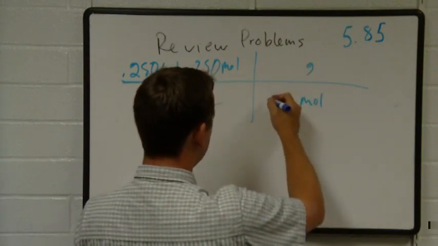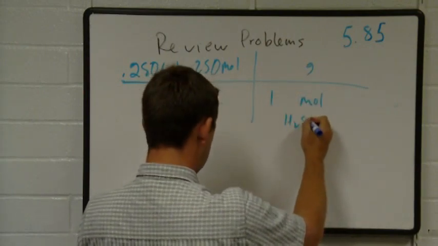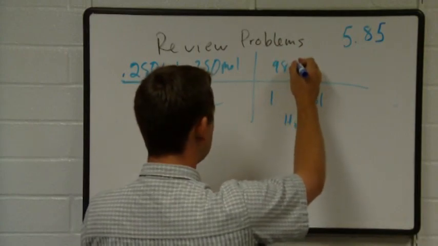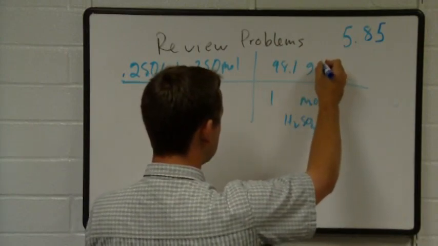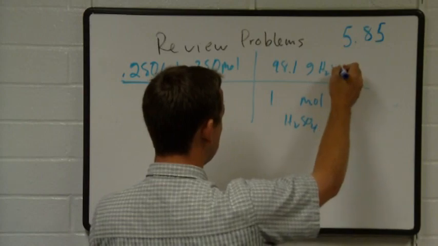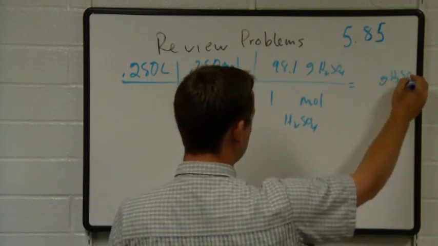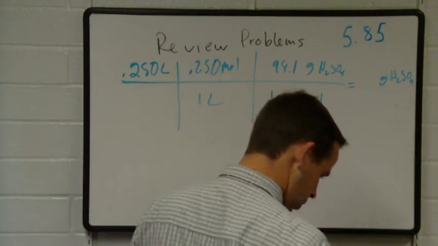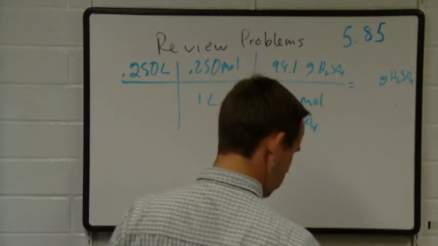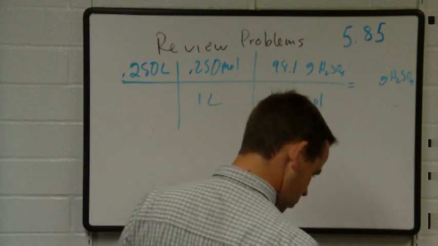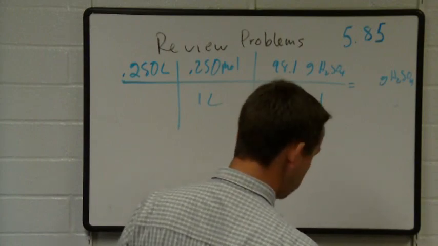Okay, so for every 1 mole of H2SO4, it's 98.1 grams of H2SO4. So this will tell us how many grams of H2SO4 we need to weigh out. Okay, so 0.25 times 0.25 times 98.1.